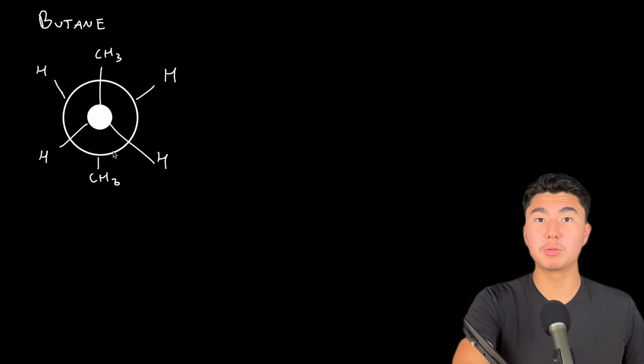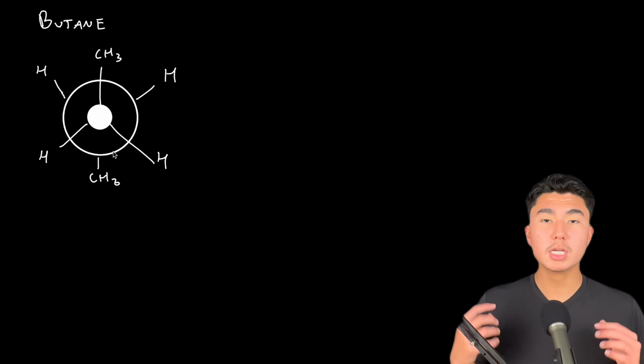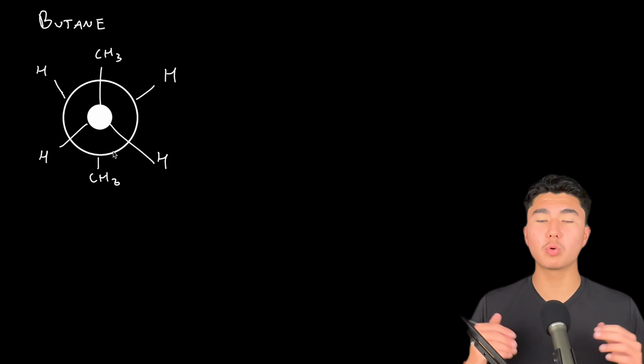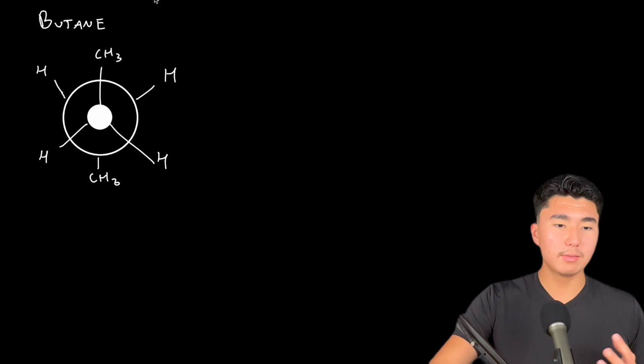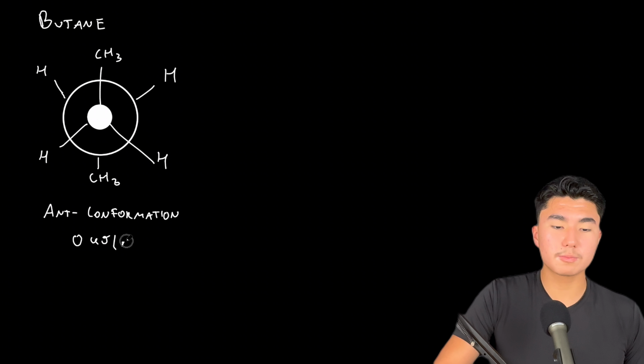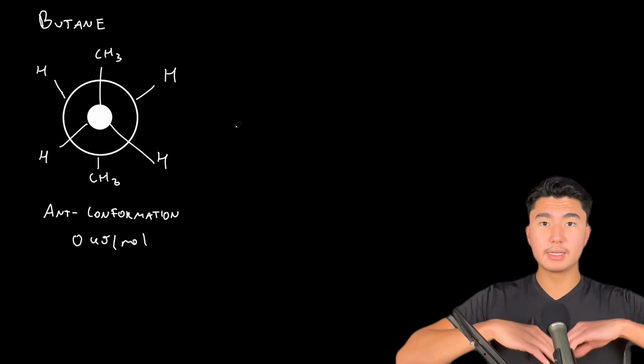In this case with butane, those methyl groups are the biggest ones, so we want to make sure they're as far away as possible so we don't have any torsional strain. And this is going to be butane's anti-conformation. This is going to result in 0 kilojoules per mole of torsional strain because those methyl groups are as far away as they can be.